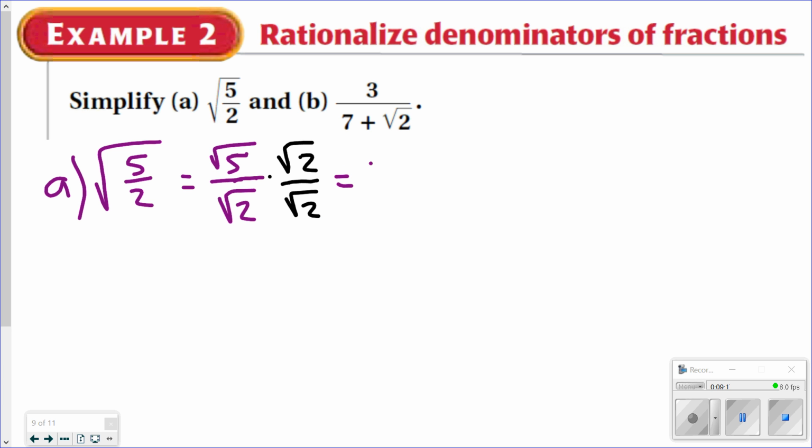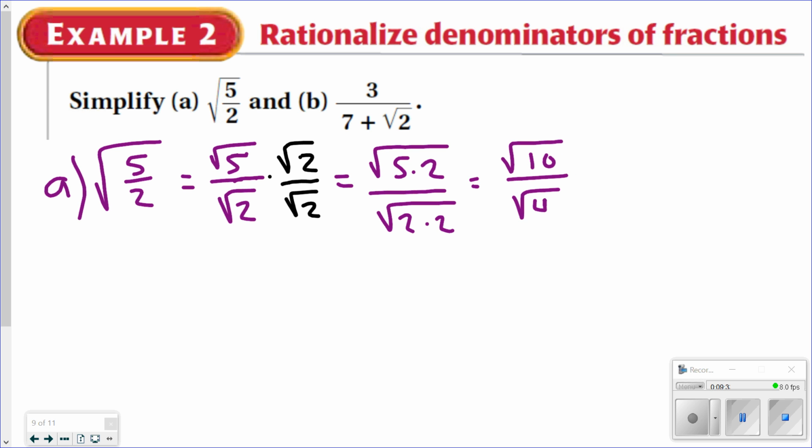So I now have the square root of 5 times 2 in my numerator, and on the denominator, I have the square root of 2 times 2. When I simplify this, I get the square root of 10 divided by the square root of 4. And this time, the square root of 4 does simplify. We know that the square root of 4 is 2.